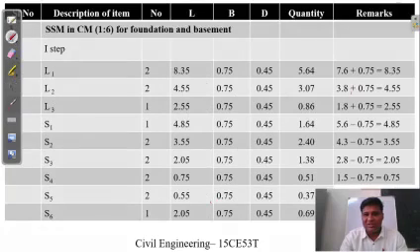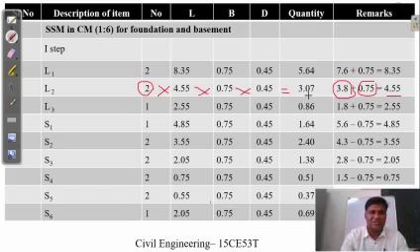So 3.8 meters the center line distance plus 0.75 meters, the width in the first step, total comes to 4.55. There are two numbers of L2, so 2 into 4.55 into 0.75 into 0.45 will give me the quantity, that is 3.07.